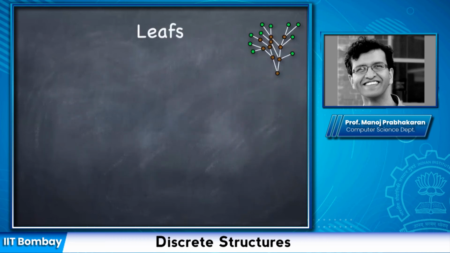Going into the anatomy of a tree, an important notion is that of a leaf. A leaf is simply a node which has degree 1. So these nodes have just a single edge incident on them. All the green ones here are leaves. Technically, a leaf is simply a node with degree 1.